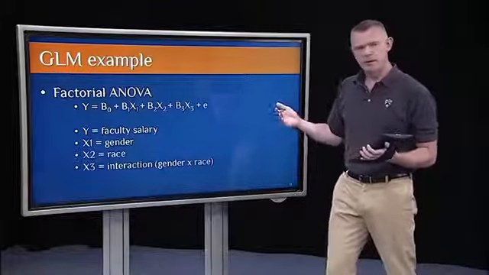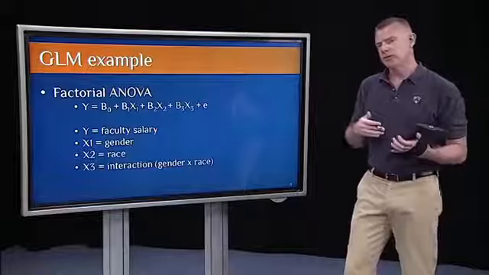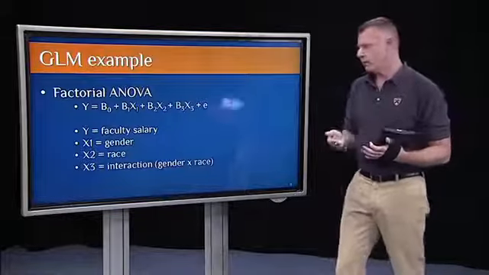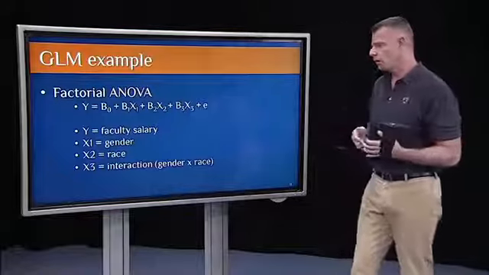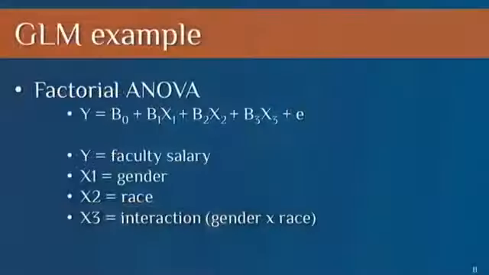And just as we did with the multiple regression testing for moderation effects, we can test for interaction effects in ANOVA. So I could put in gender as one predictor, race as another predictor, again a categorical predictor. And then for X3, the third predictor, I could look at the interaction of gender and race.